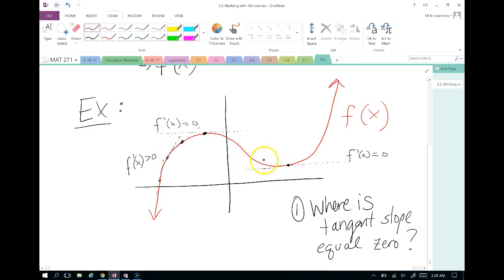If you look at the tangent slopes in this section, they're all pointing down. So in this section, f prime of x is negative. And then once we get past our next one and move over to this section, all of our tangent slopes are back pointing up again. So f prime of x is positive.